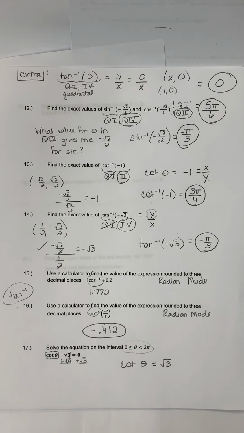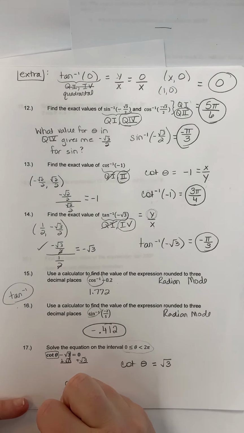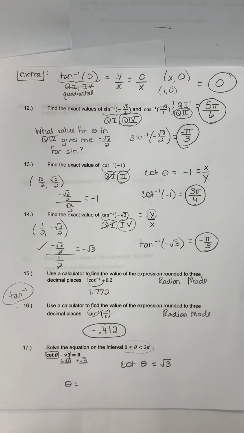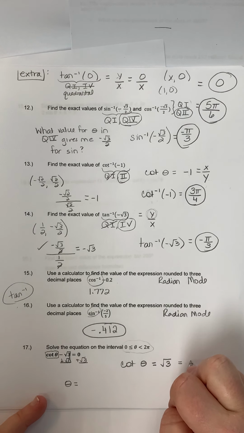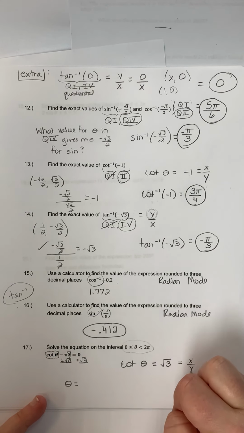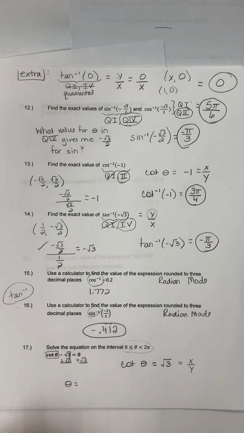So what I'm asking for is which thetas, and it's probably more than one, do you get a cotangent of √3? Well, cotangent is actually x over y, or cosine over sine.